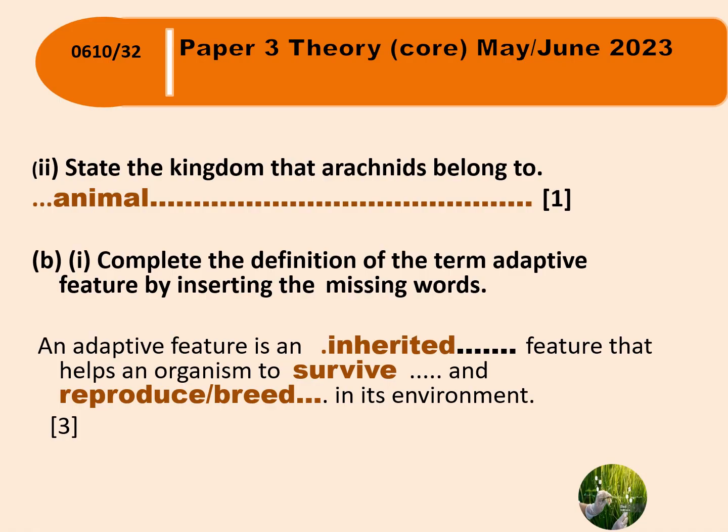And what does it help? It helps to survive and also to reproduce in its environment. So therefore, the answer will be an adaptive feature is an inherited feature that helps an organism to survive and reproduce in its environment.